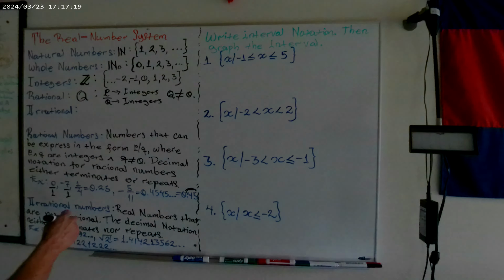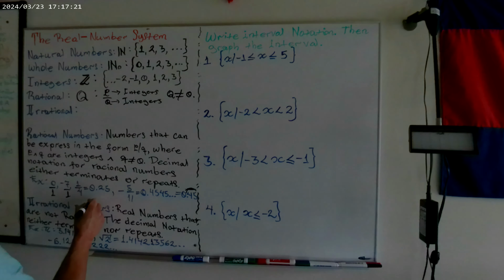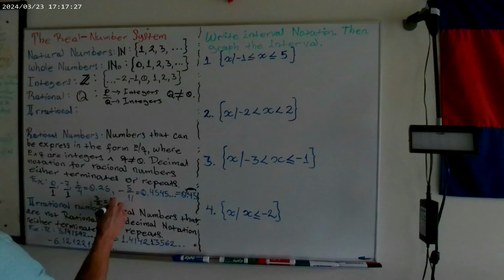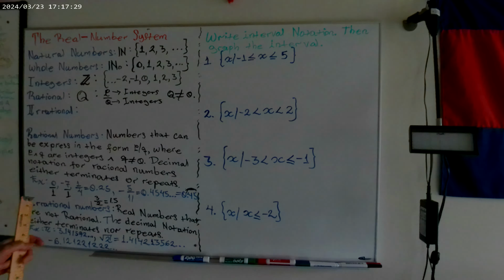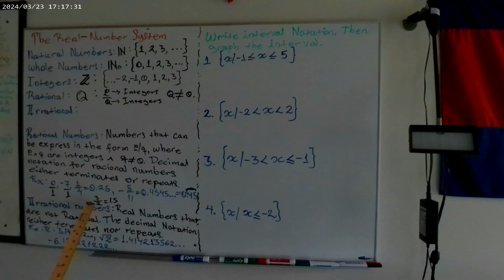And then we could also mention another rational number, which is 3/2, which is 1.5. This is a rational number, which is in the form P over Q, and Q is different than 0. 3/2, and the denominator in this case is different than 0.